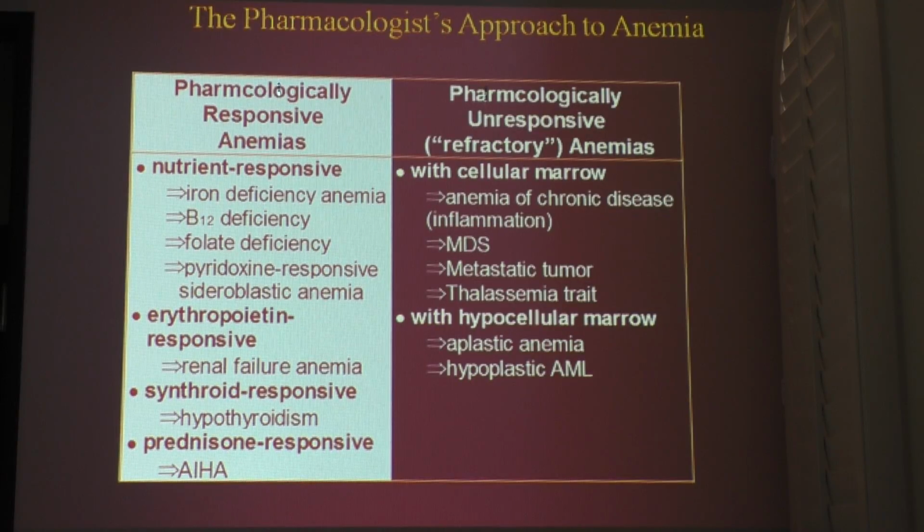Venofer stands for, you guys can look it up, iron sucrose. Yeah, very good. So this needs to be done in an infusion clinic. It's costly. In the inpatient setting, we need to sometimes replete them.